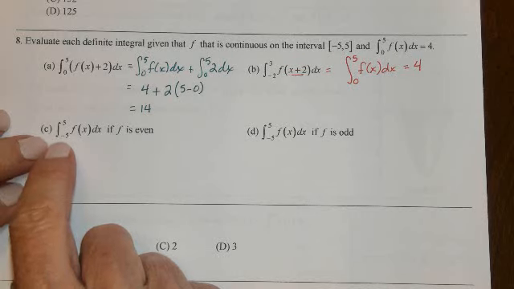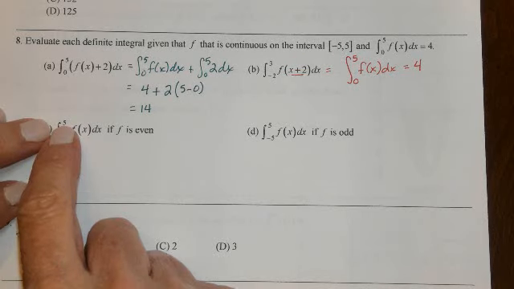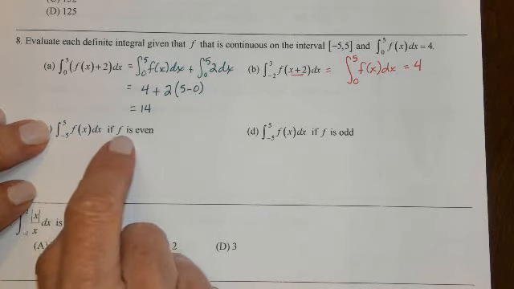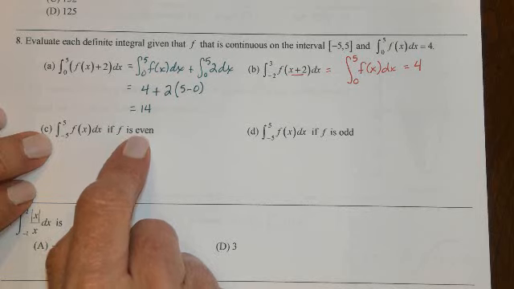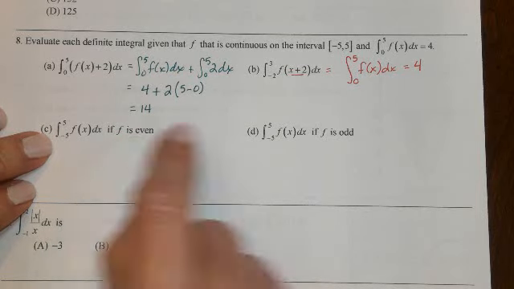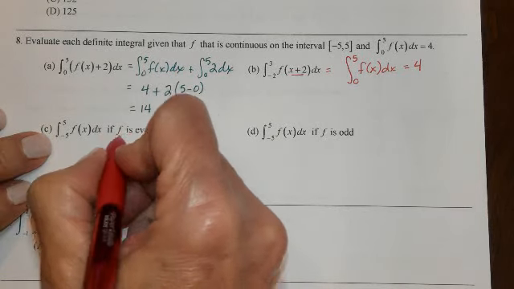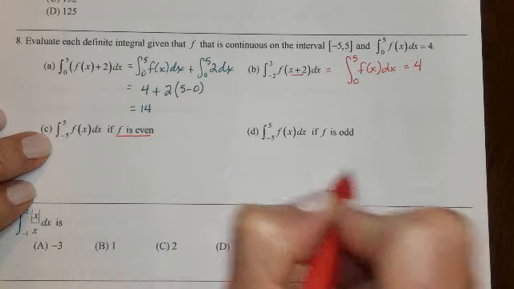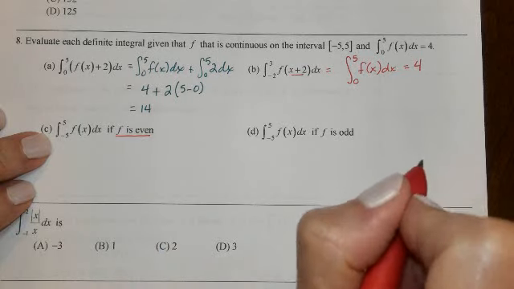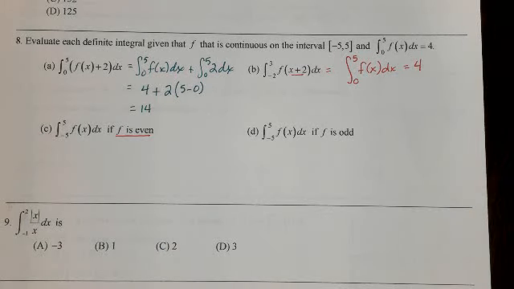Evaluate the integral from -5 to 5 of f of x dx if f is even. If f is even. What does being even mean? F being even. Okay, this is another term that you've had now for a couple years, and probably not in Algebra 1.